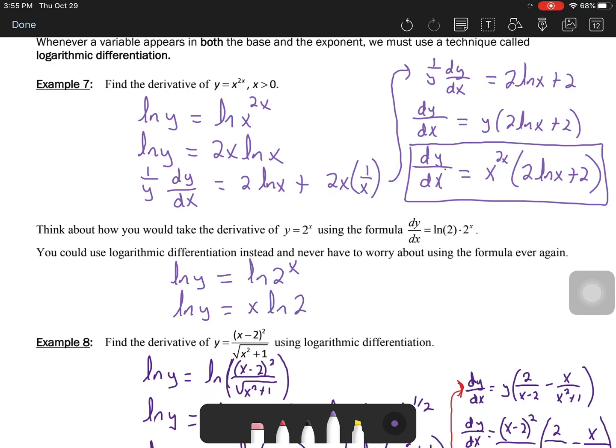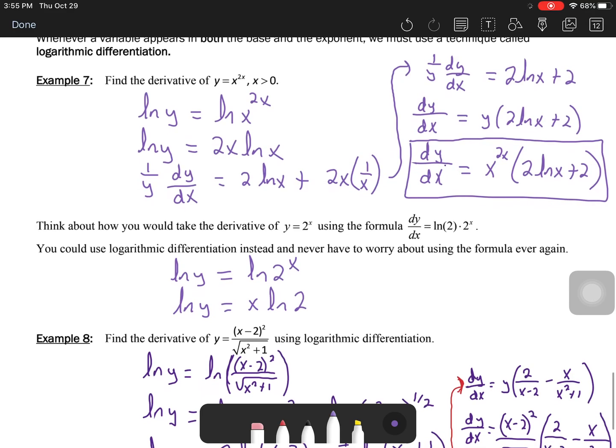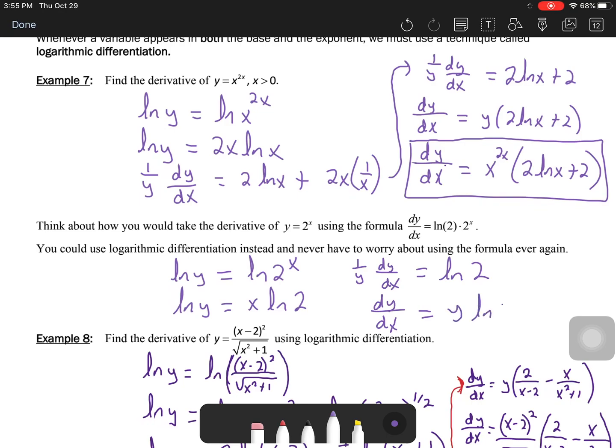Now we can do the derivative of each side of the equation, so I'd have 1 over y dy/dx, and on the right side, ln of 2 is also a constant, so when I do the derivative of ln of 2 times x, the x disappears. It's like if I took the derivative of 2x, it would just be 2, but ln of 2 is a different constant, but it is a constant. I just have ln of 2 there, and so my dy/dx would equal y times ln of 2.